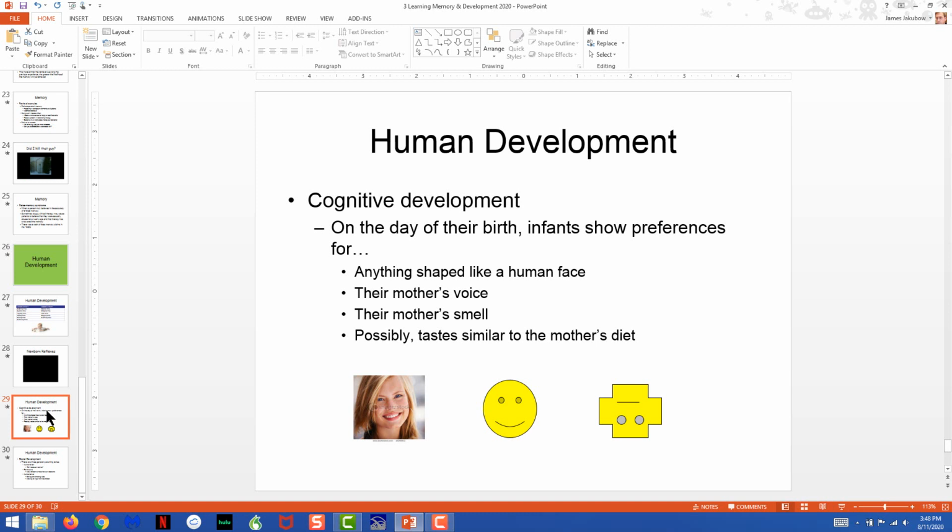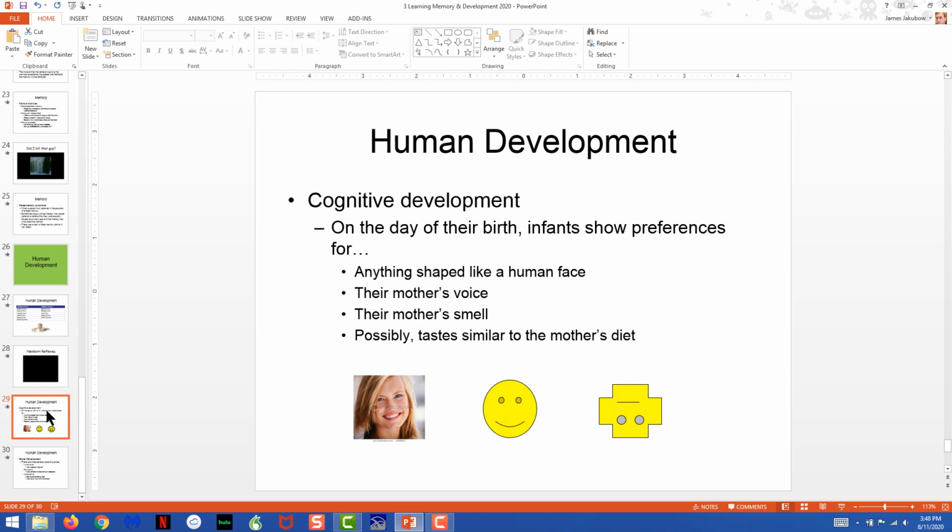There are also some other ones here that are a little bit more confusing given the technical biochemical or neural pathways that are actually involved. But your mother's smell and tastes that she experienced during her diet both influence the child's preferences at that very early age.